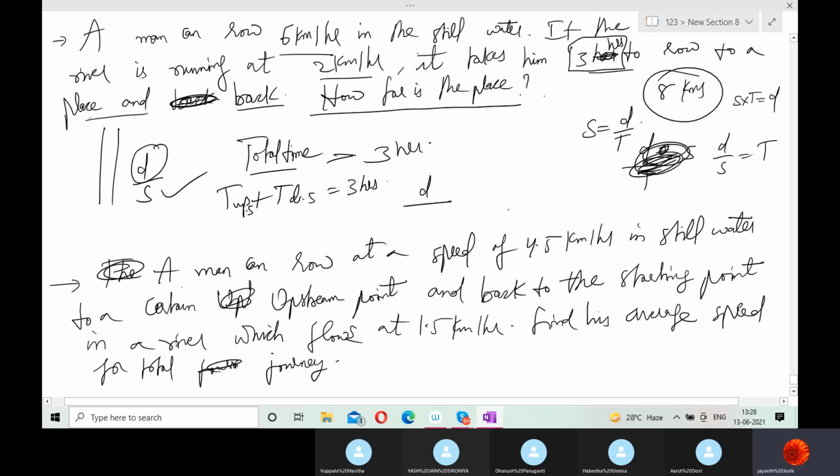If you remember the first formulas which I gave you, speed downstream and speed upstream, you remember that, correct? So a man can row this much in still water if the river is running at this much. So this is the speed of the stream given, correct?